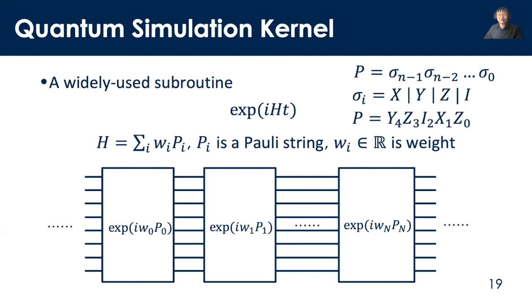First, you need to decompose your Hamiltonian into a weighted sum of Pauli strings. Here, w are some weights, P is a Pauli string. And I put the formal definition of Pauli strings here, but you don't have to memorize it. And instead, what I hope you can focus on in this talk is the program patterns, the gate patterns in those Pauli string simulation circuits.